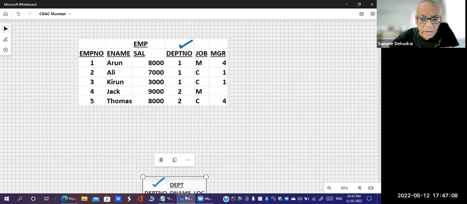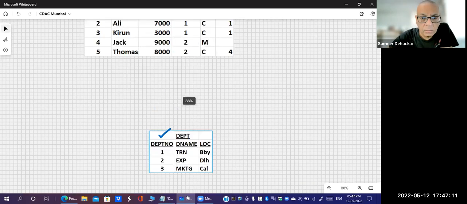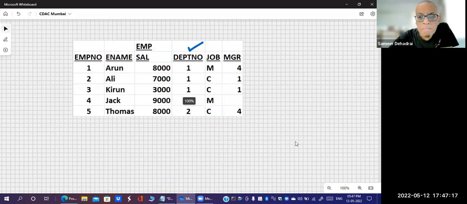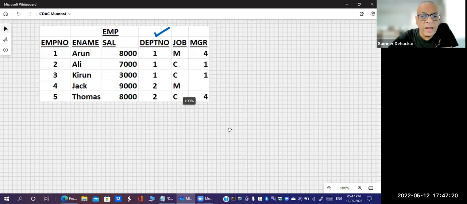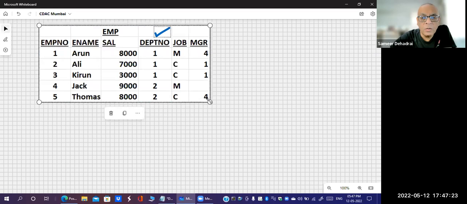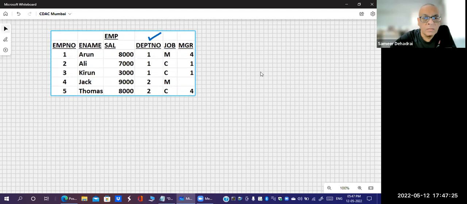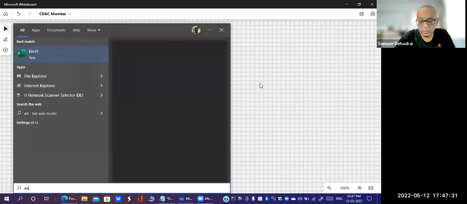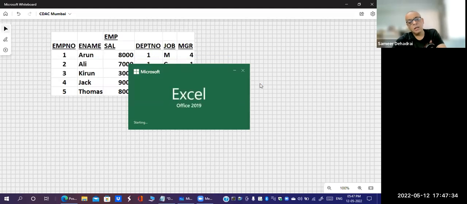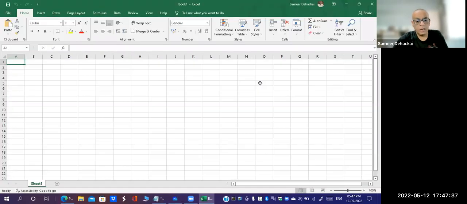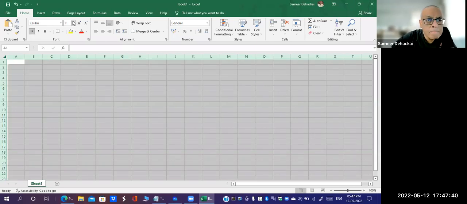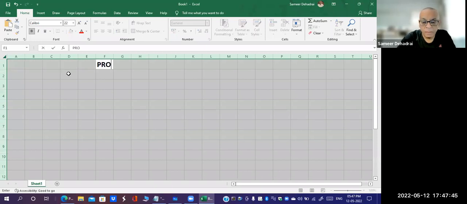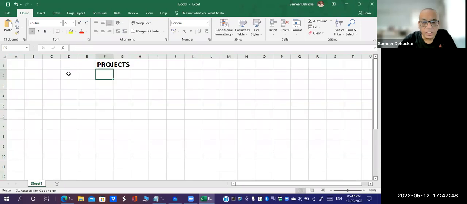To understand many is to many, let's create a new table. We are having EMP table, na? Let me create one more table. Please draw this in your notebook. Let me create a projects table.